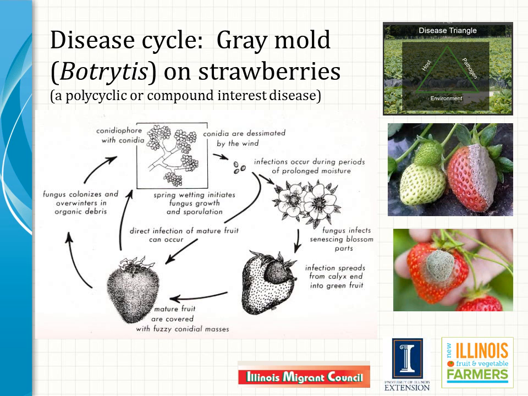Spores are produced on infected tissue and on plant debris, and direct infection of mature fruit can occur a few days later. Knowing that senescing blossoms are an initial infection site can guide decisions on the use of fungicides at bloom during periods of rainy weather, and understanding that infected tissues produce spores that can start new infections guides additional decisions about disease management, be it by fungicide use or other methods.